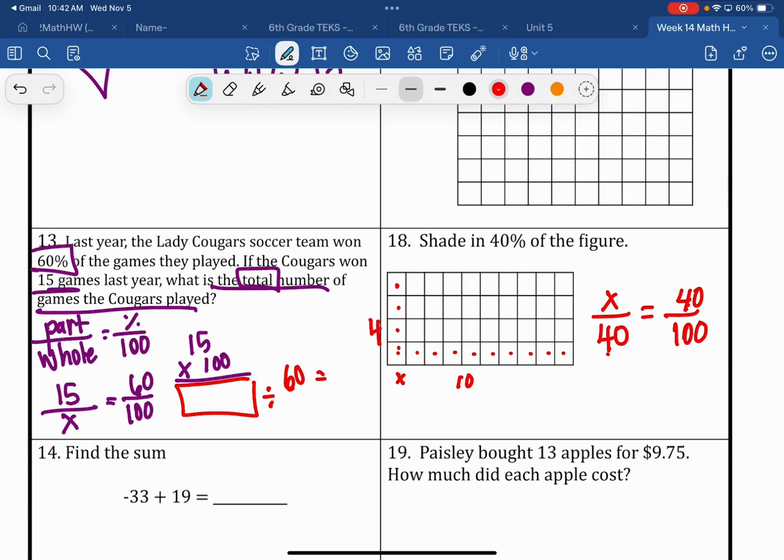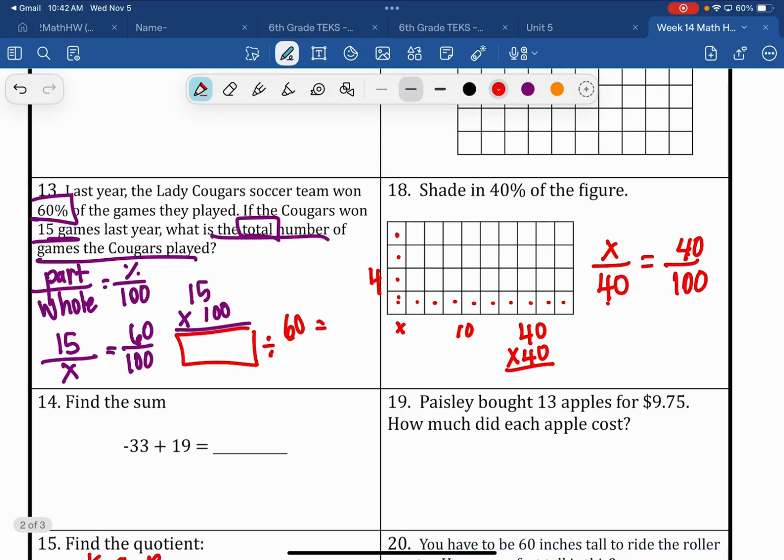Okay, we'll work this one to completion. So 40 times 40. We do 4 times 0 is 0, and then we add another 0. 4 times 0 is 0. And then I do 4 times 4, which is 16. So that is 1,600. Then I divide 1,600 by 100. And look at this cool trick. Remember, if you're dividing by zeros, then these zeros can be eliminated, right?